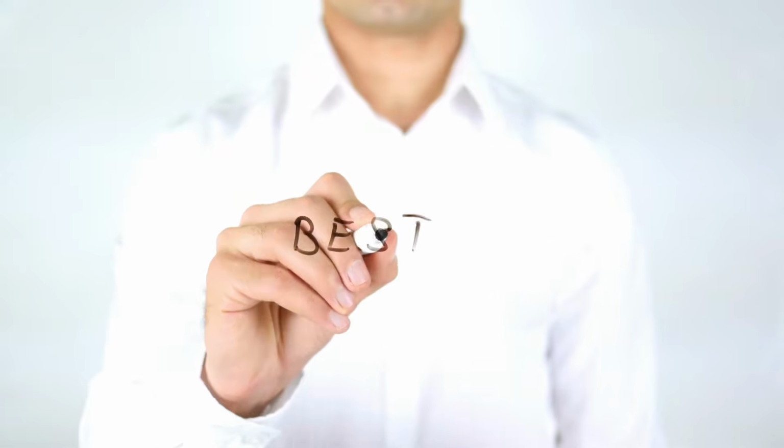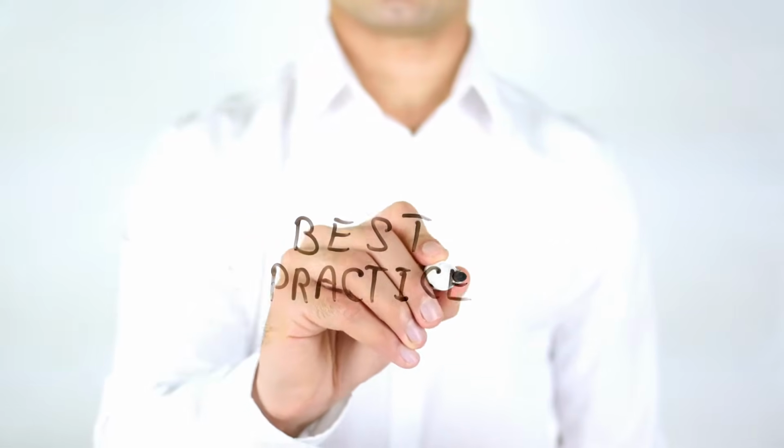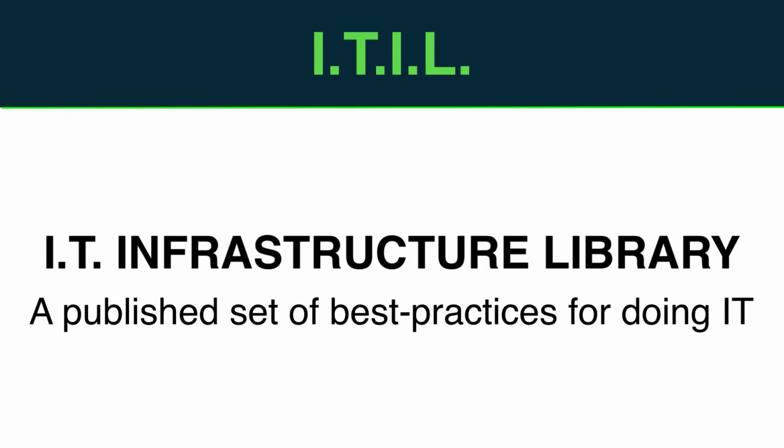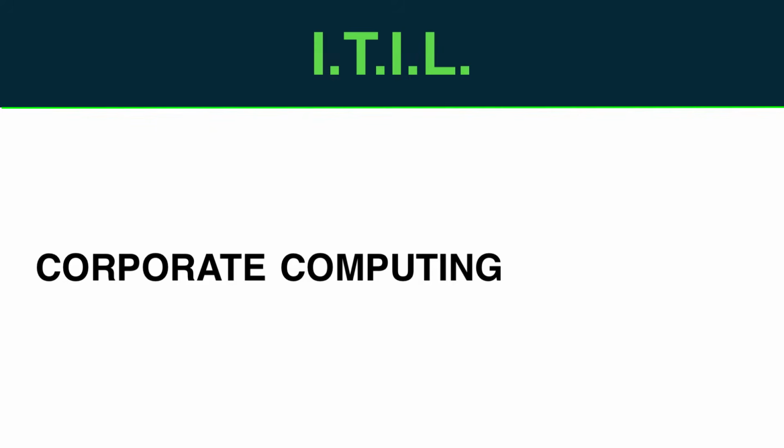And in business, those types of guidelines or instructions are called best practices. And that's what the IT Infrastructure Library is, or ITIL. ITIL is a published set of best practices for doing IT well. It's essentially a recipe book for cooking up tasty IT services, a corporate computing cookbook.